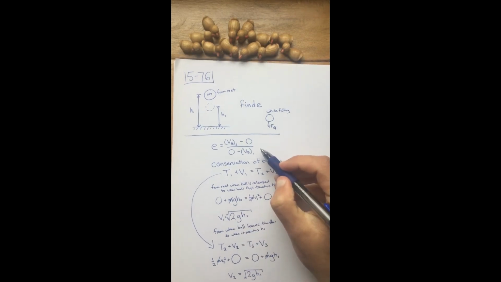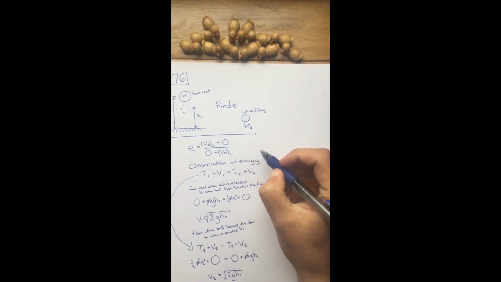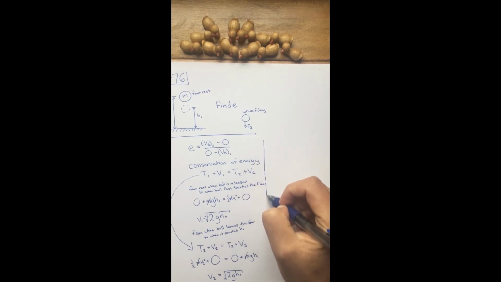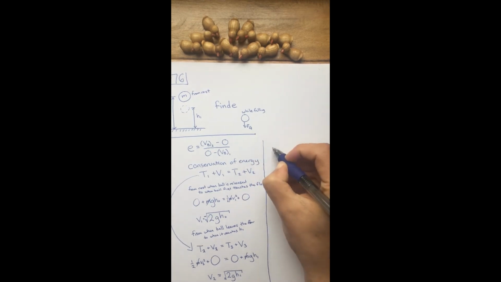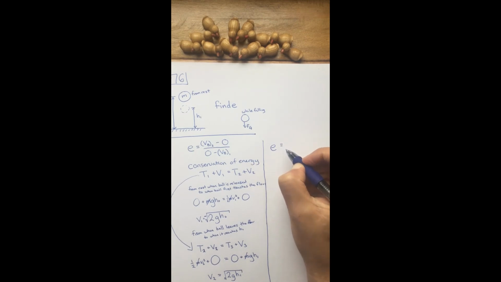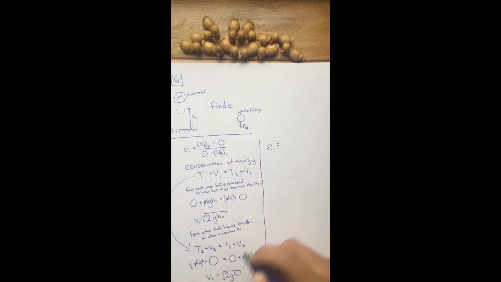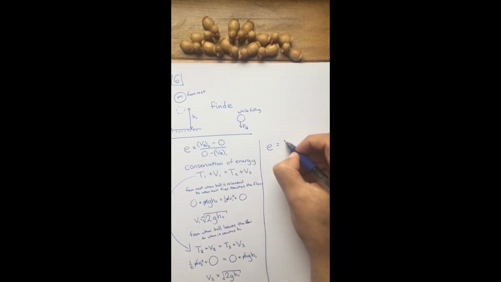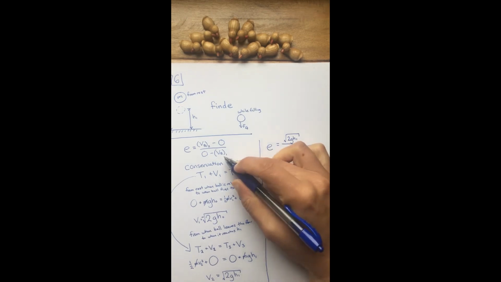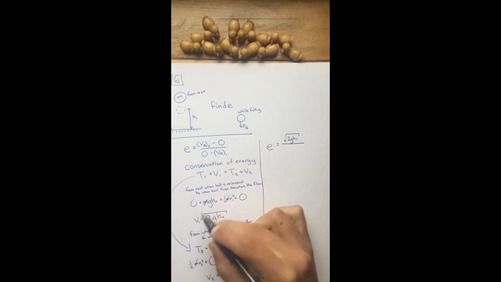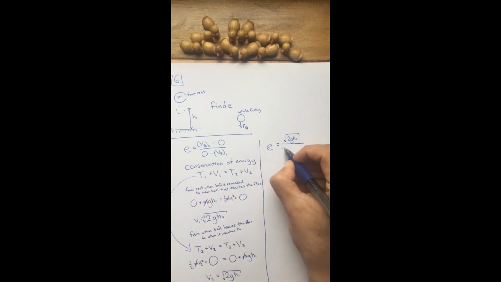Now I can go back to my equation here for the coefficient of restitution, and I can put in what I have for VB2. That was square root of 2gh1. Then I put in VB1, which is negative, but I have a negative sign here too, so that makes it positive, square root of 2gh naught.